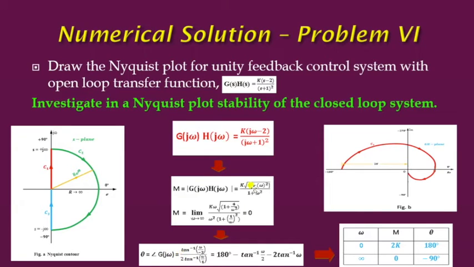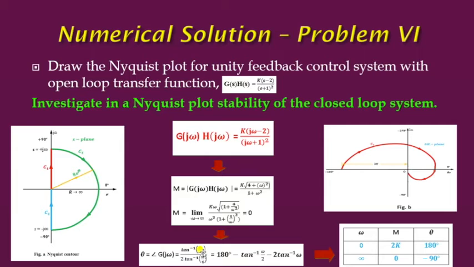So it is tan inverse omega by minus 2, and the other angle is tan inverse omega by 1 for this first part, and this is a square, so that means 2 into tan inverse omega by 1.